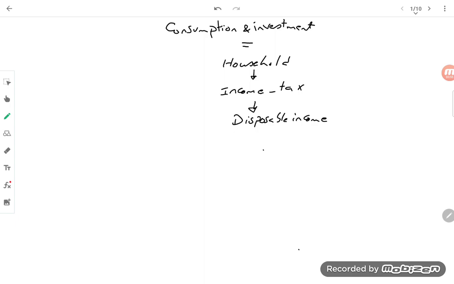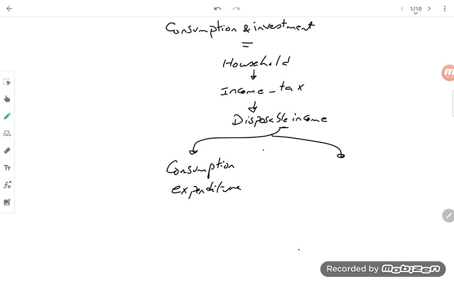Then households would like to distribute this disposable income between two different uses: either to spend this money on goods and services, which is known as consumption expenditure, or to save this money, which is known as savings.